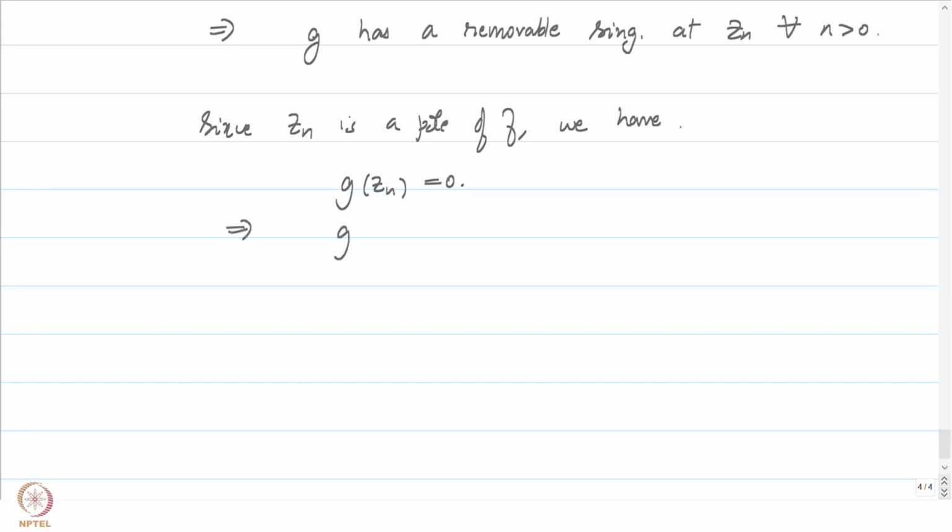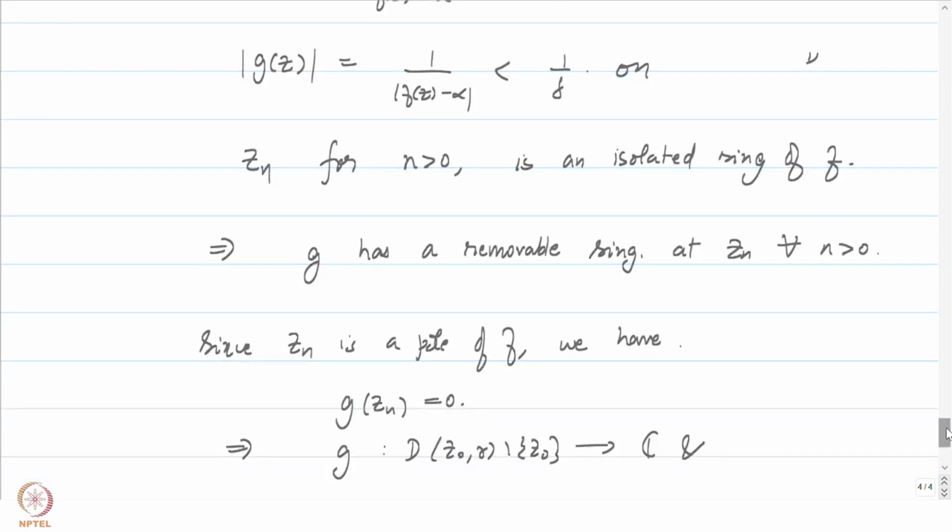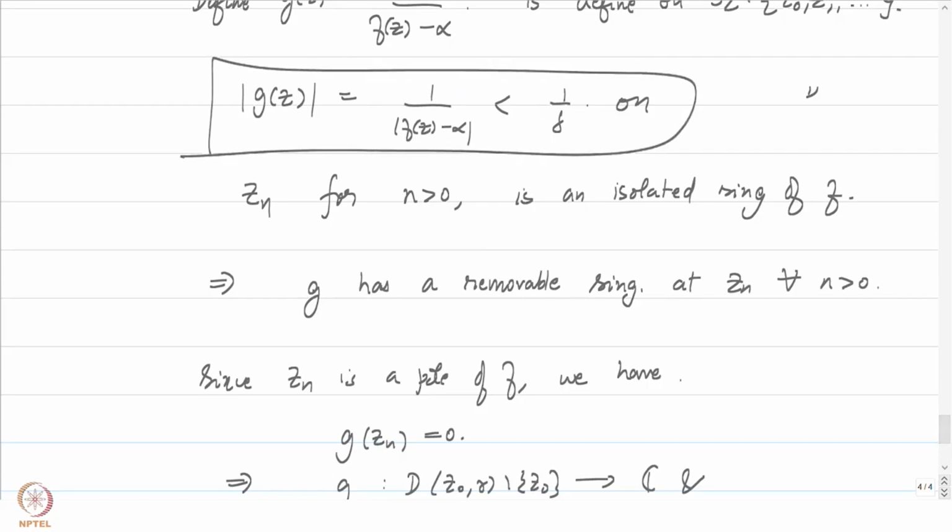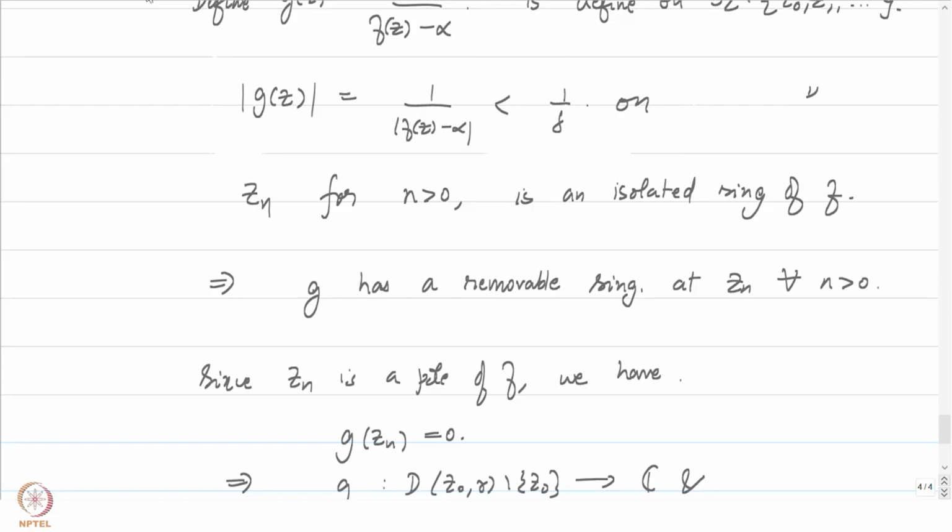So this tells us that g is now defined on D(z0, r) minus z0, and hence z0 is a removable singularity. And moreover, if you just go up and check, we have this condition here, and on each of the points zn, g of zn is equal to 0.